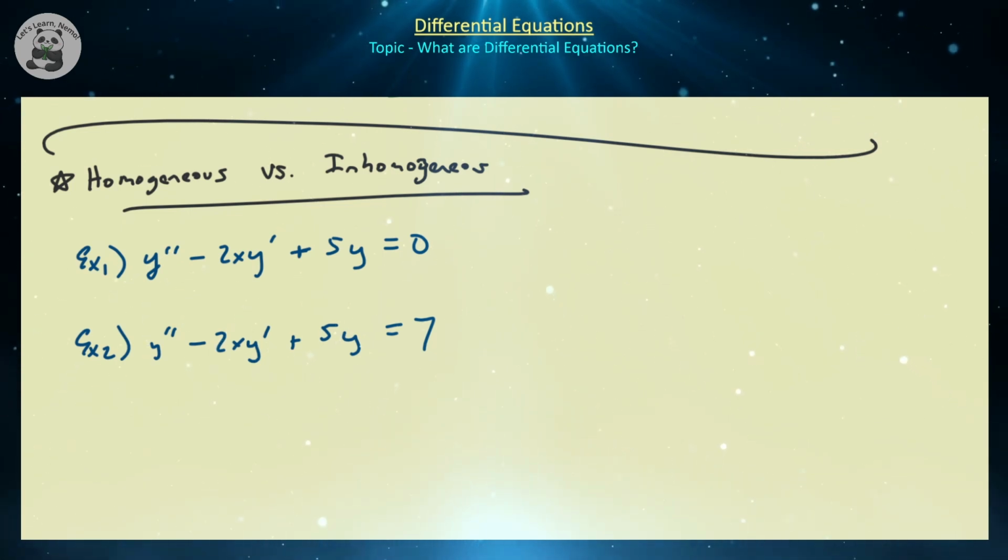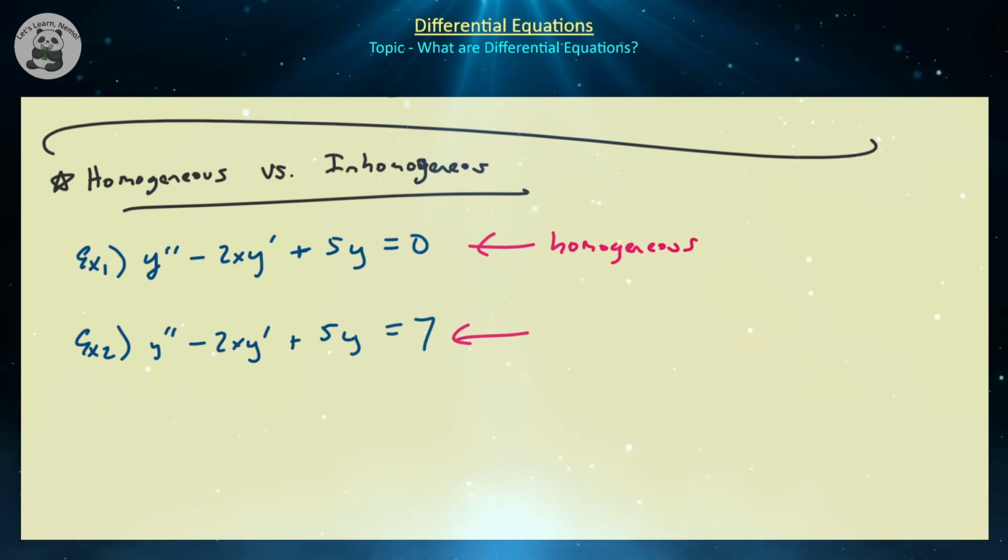The correct answer is that the first one is what we call homogeneous, and the last is what we call inhomogeneous.